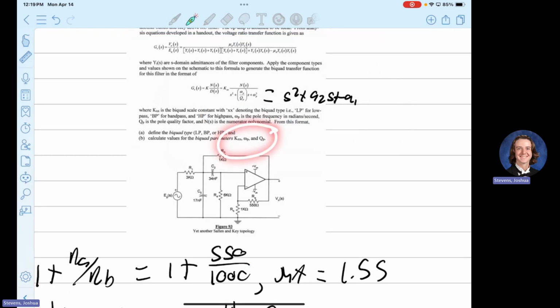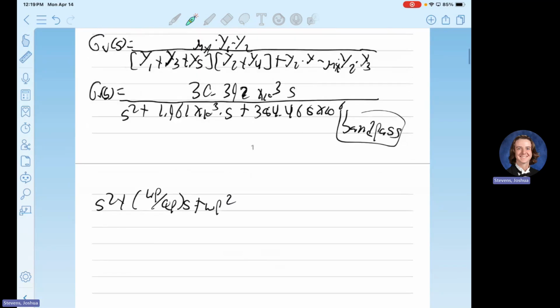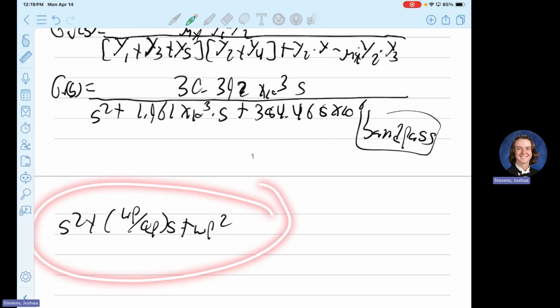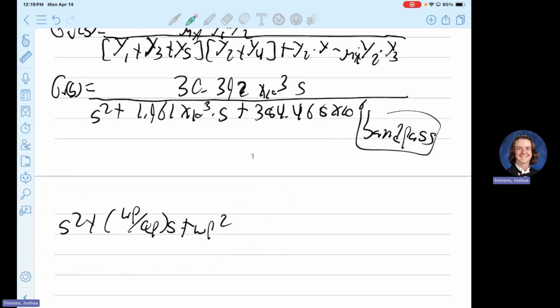K, XX, which we denoted as what? What is that XX now? Band pass. Now, KBP, omega P, and QP. So based on what our denominator is, which of those three values can we find straight up?